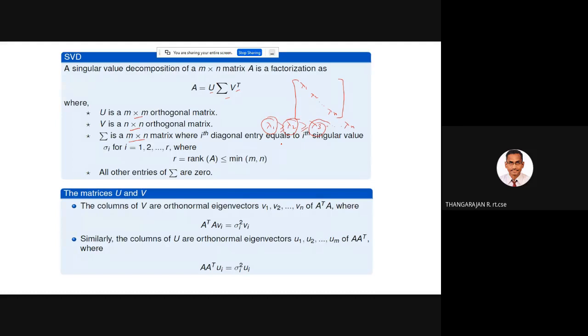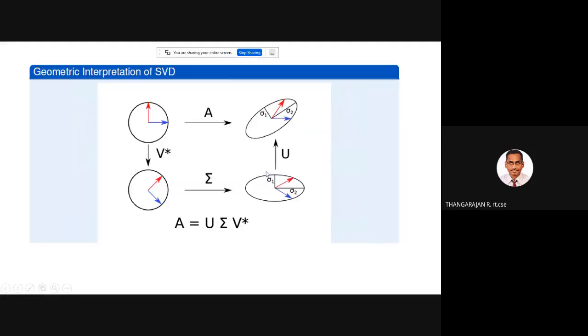So what is the application of singular value decomposition? Say you just consider the upper path.